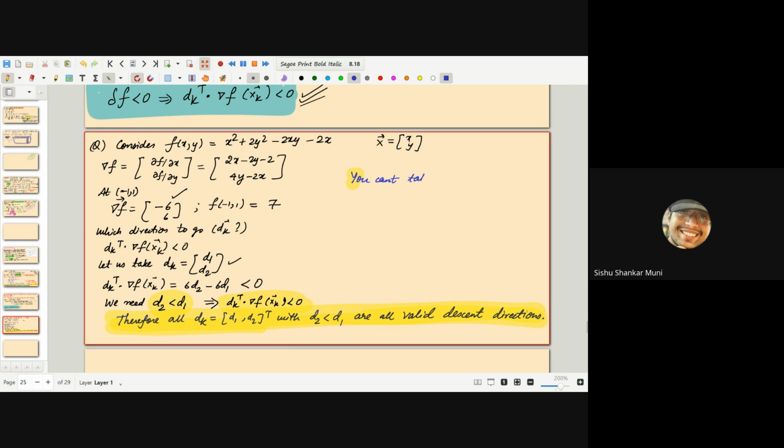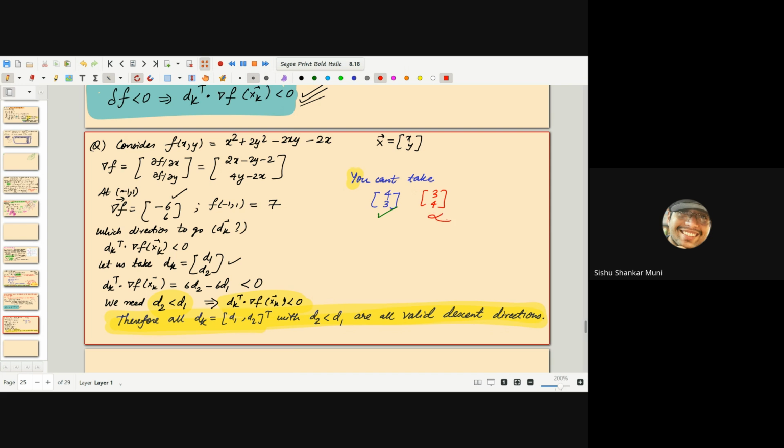Okay, I mean you cannot take this one. Can you take this one? Yes, you can take it, d2 is less than d1. Okay, so you can take this. But can you take this one?